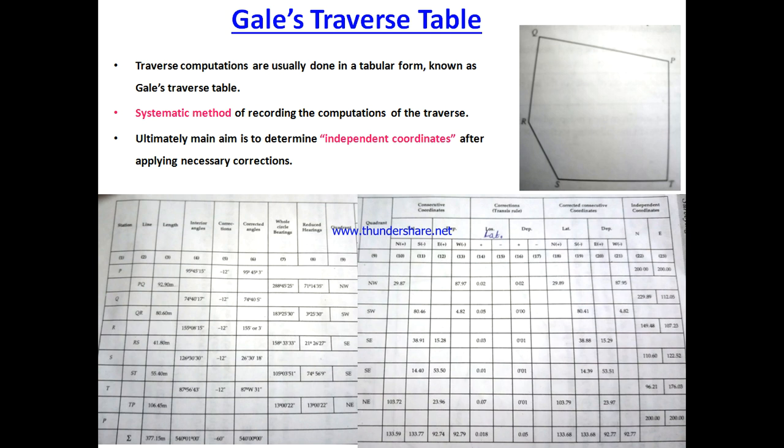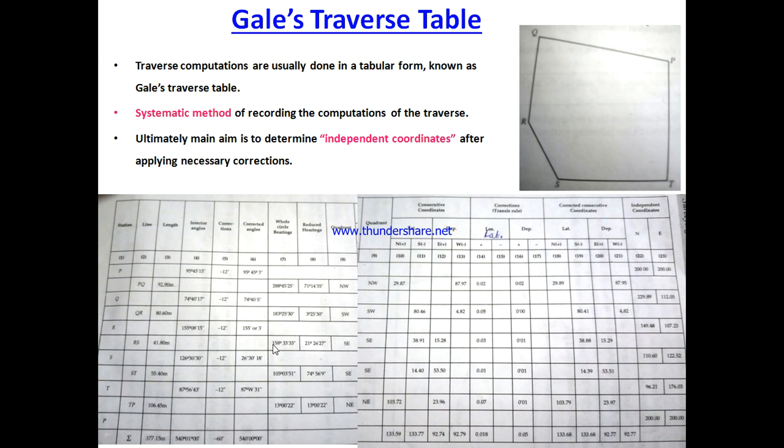Please go through it. So in this manner you can calculate the whole circle bearing of the rest of the stations Q, R, S, T. P is already given in the question, and the whole circle bearings of these 4 stations you can calculate with the help of this bearing and the corrected included angles of the traverse.